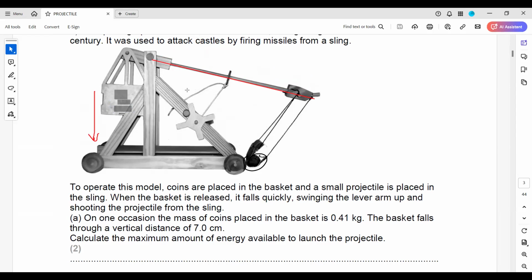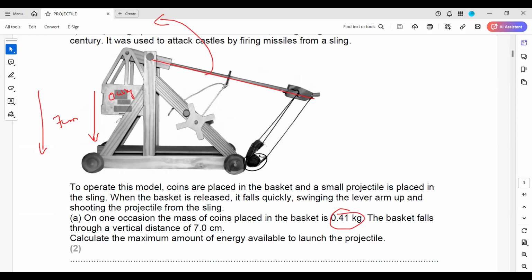On one occasion, the mass of the coin placed in the basket was 0.41 kg. The basket fell through a vertical distance of 7 centimeter. Calculate the maximum amount of energy available to launch this projectile. Actually what is happening is that when this basket is going down, the lever will move upward and launch this projectile.